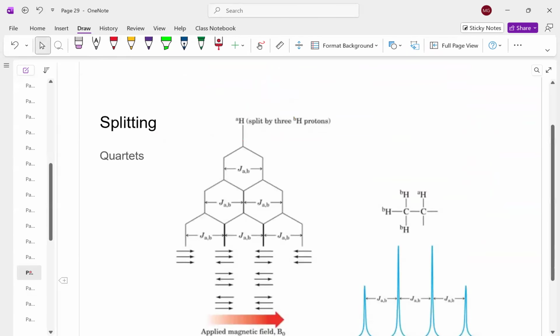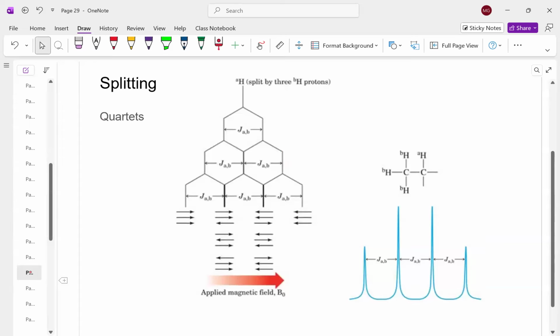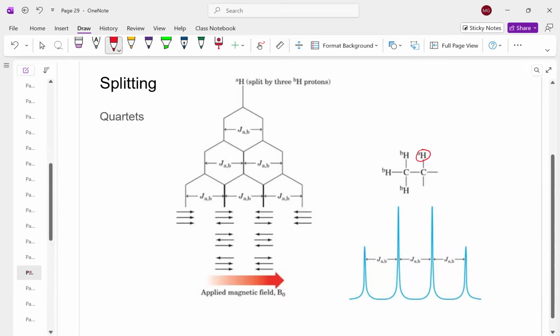And then finally, a quartet. So we have the instance here where we have an A hydrogen next to three B hydrogens. We could also have this same situation where we have maybe two on one side. Well, no, I don't want to get into that quite yet.